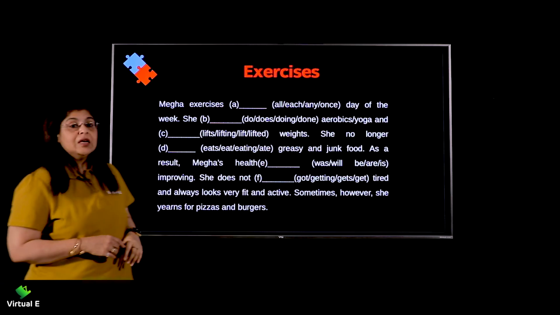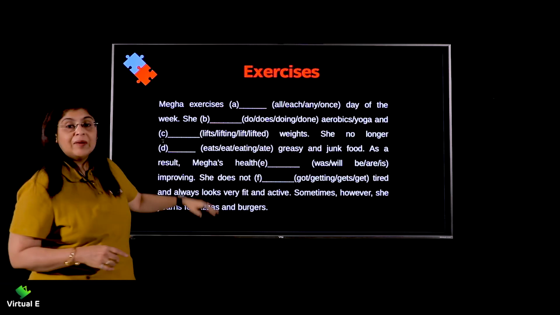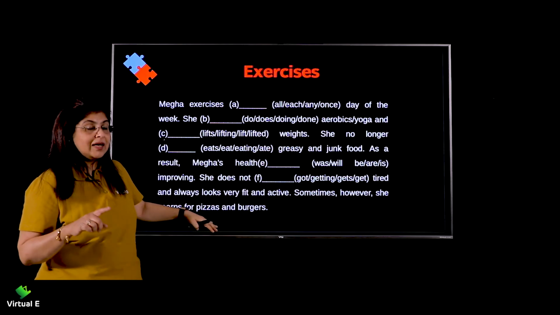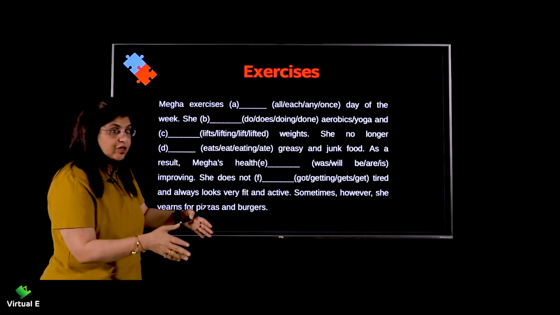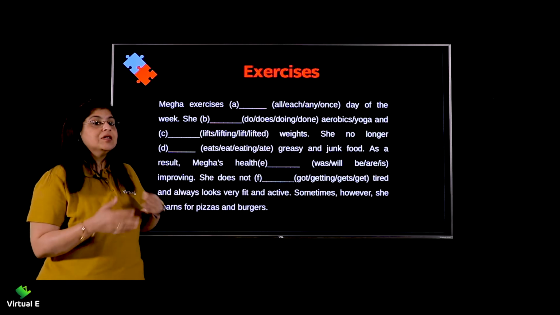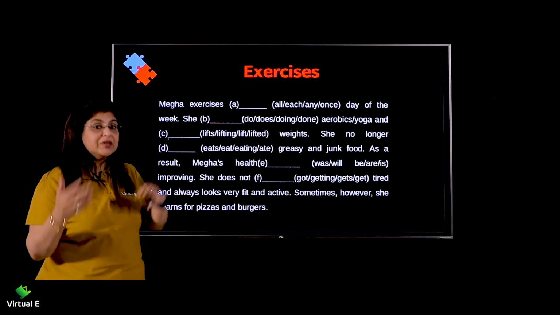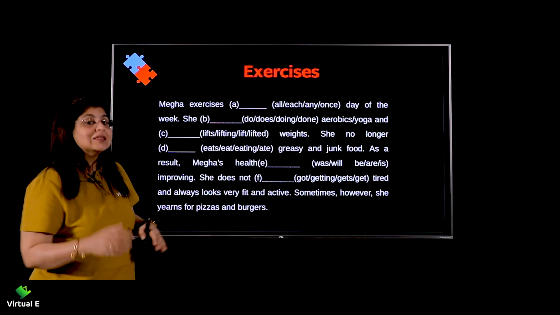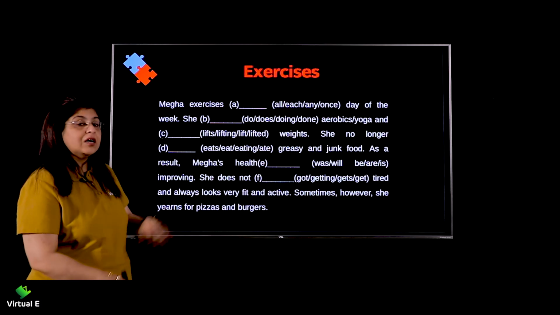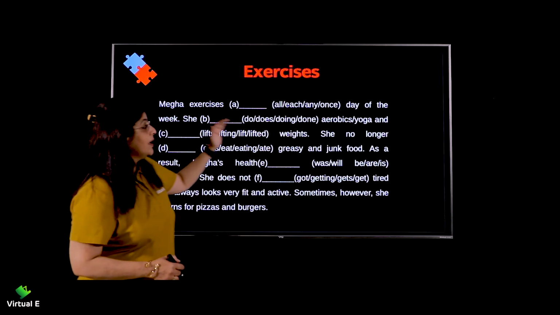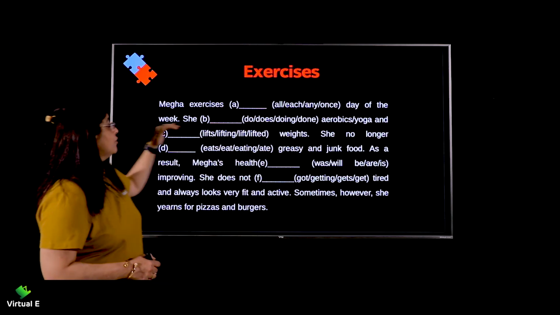So let's go about it. Now what we will do is first we will read the whole thing and then decide whether it is something giving us information, do we keep it simple present, or is it something that has happened or going to happen or is currently happening. Let's understand that and then figure out the words. Megha exercises dash day of the week.